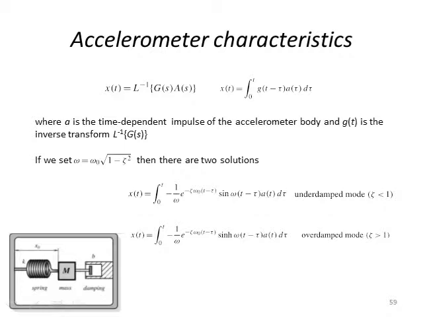Then we can have two solutions, one for the underdamped case and one for the overdamped case. Now, depending on how you want your sensor to respond, we adjust the fundamental resonant frequency and also the damping term.